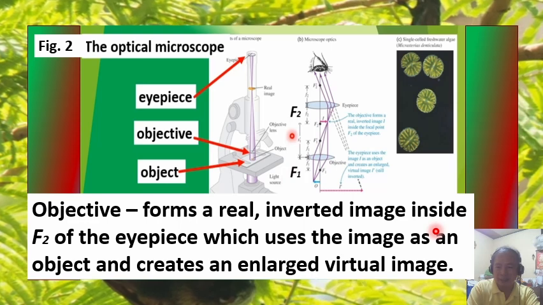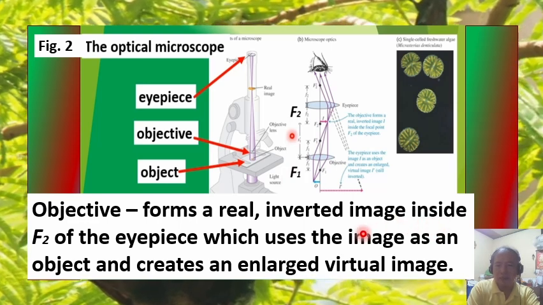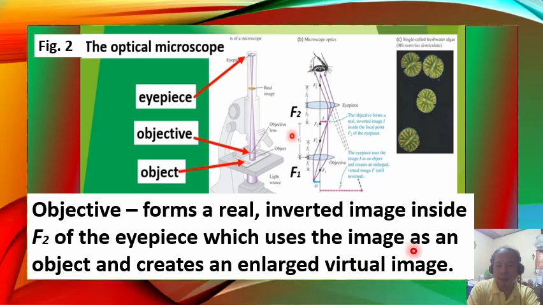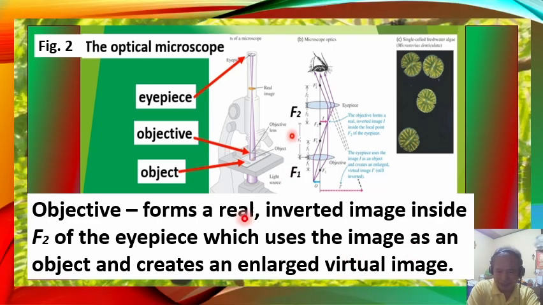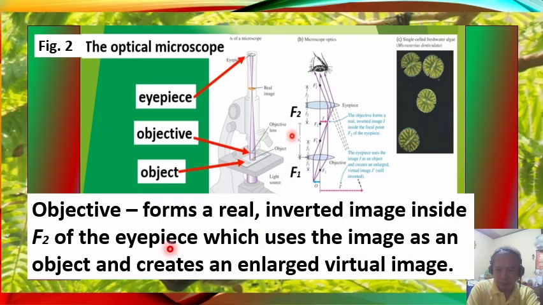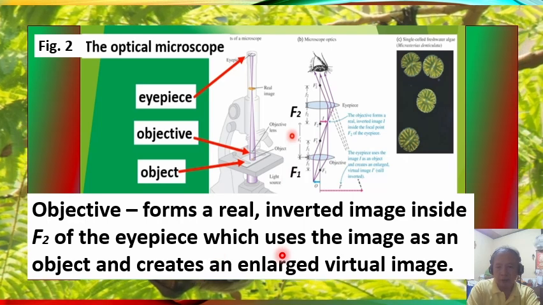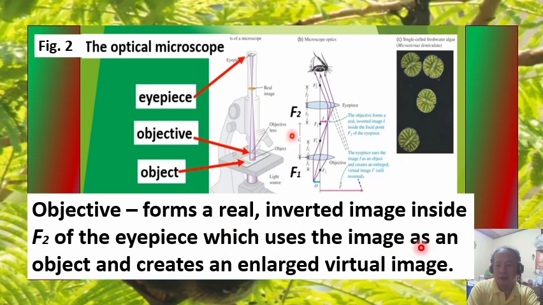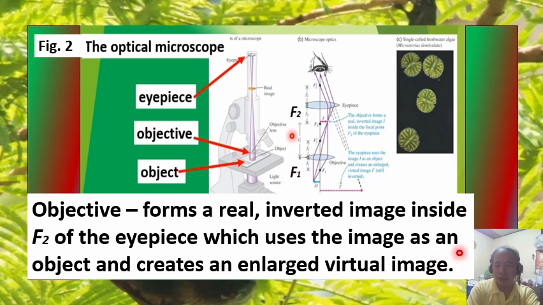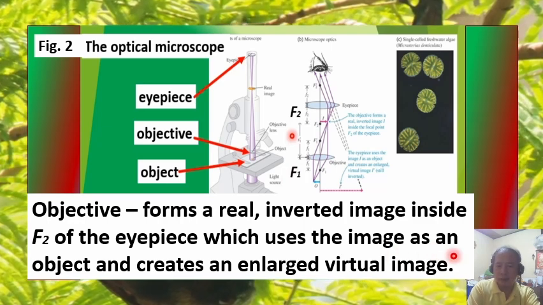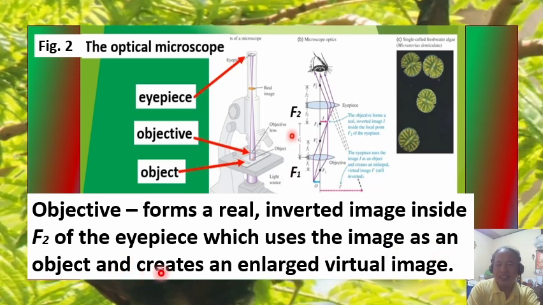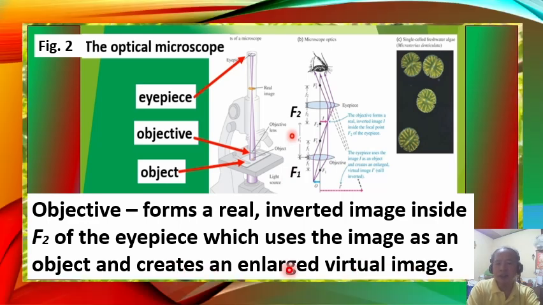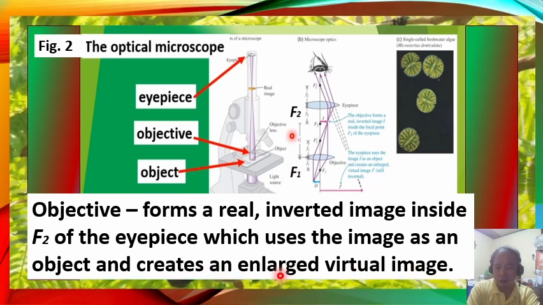And this first image becomes the second object relative to the eyepiece, right? So the eyepiece uses the image as an object, which we say the second object. And it is the eyepiece that creates the final image considered enlarged and virtual.